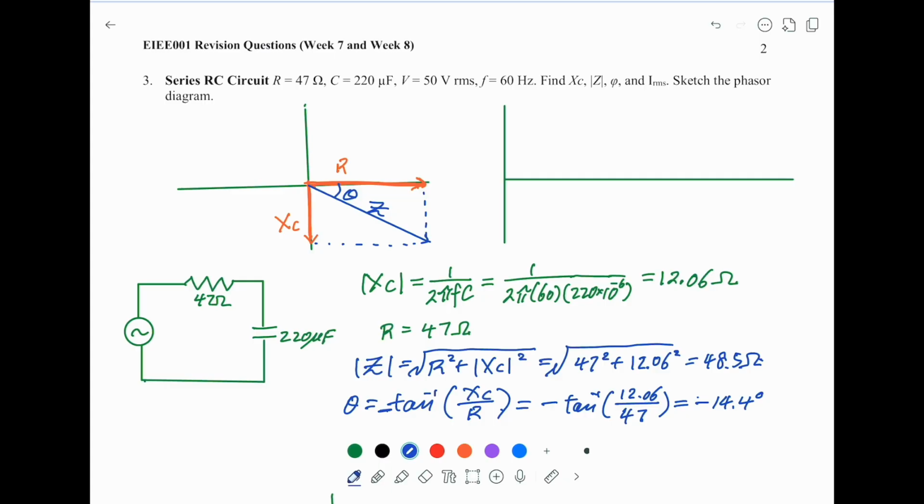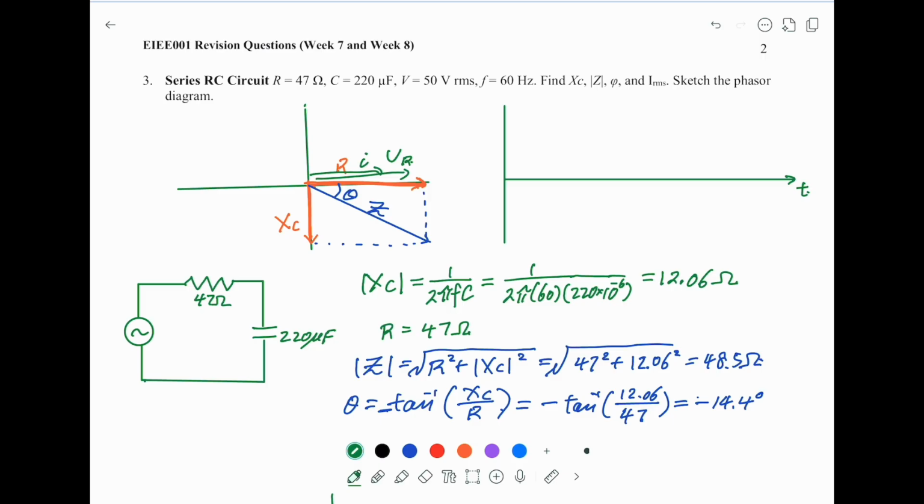So what it means is, if we think in the time domain, the R is in phase with the current and also the voltage. So this is I, and also this is the voltage across the R. They're all aligned.